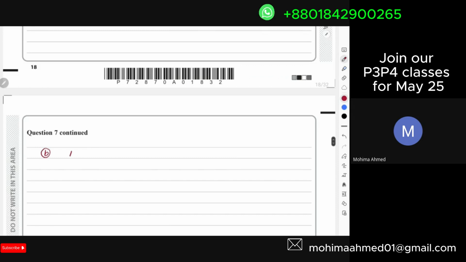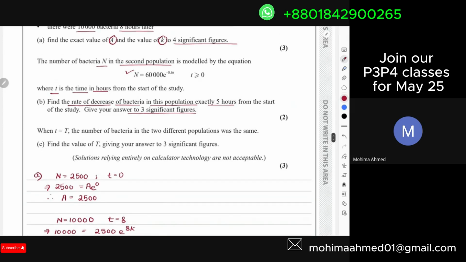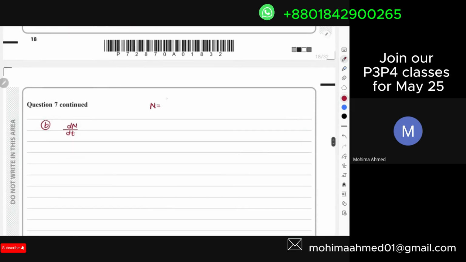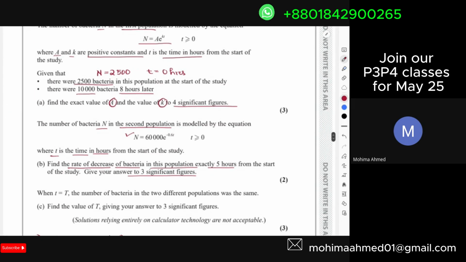For part B, dN/dt. This time the formula was N = 60,000 e^(-0.6t). So N is 60,000 e to the power of negative 0.6t.